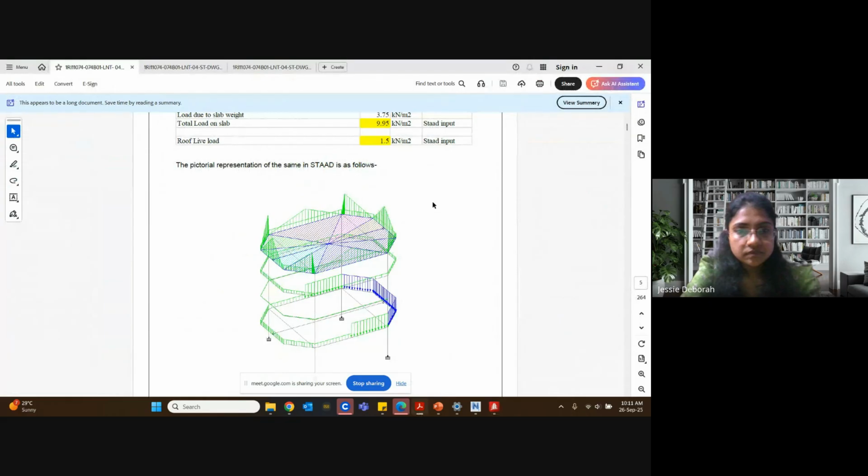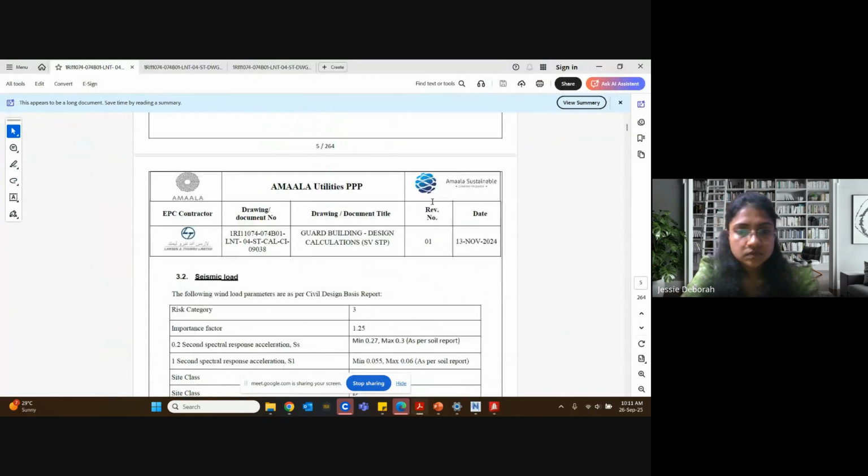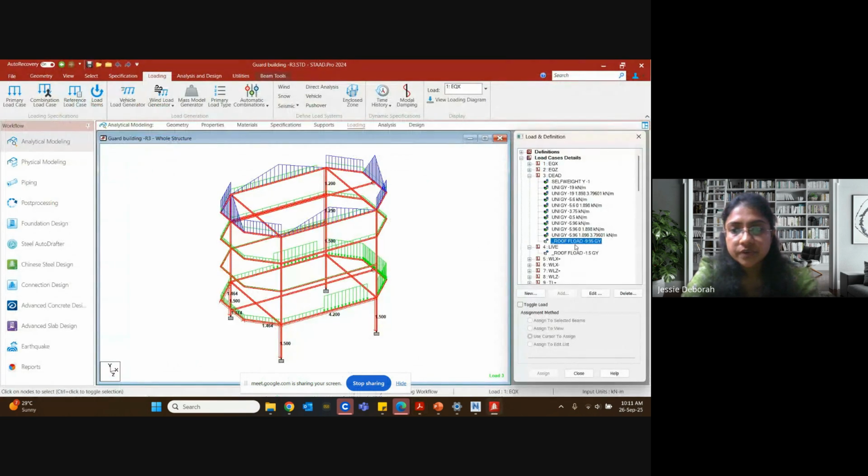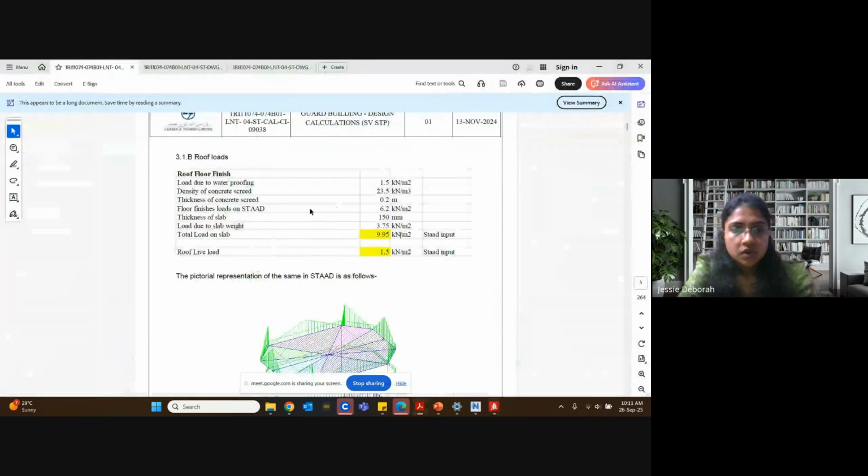So now this is also including your roof live load of 1.5 kilonewton. So that is your roof live load. Okay, so this is done.